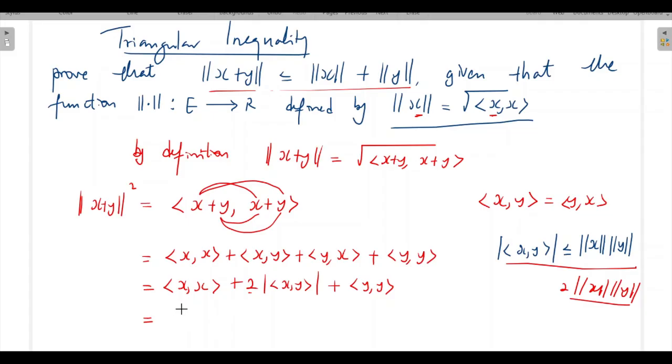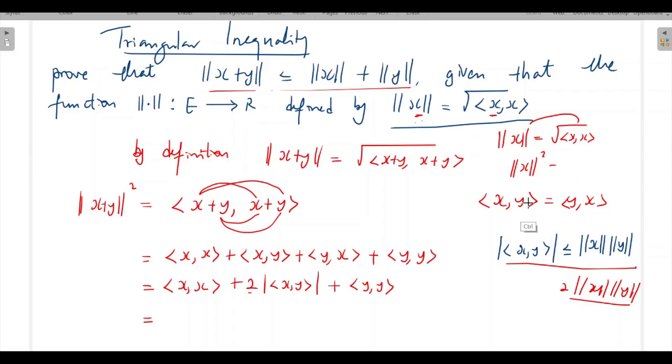Now, don't forget that this is the same thing as norm squared. From the definition given to us, the norm of x is the same thing as the square root of the inner product of x with itself. So if you bring this square root to the left-hand side, it means the square of norm x is the same thing as x comma x, right?